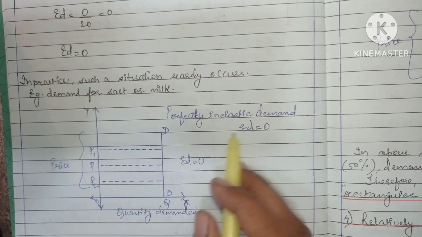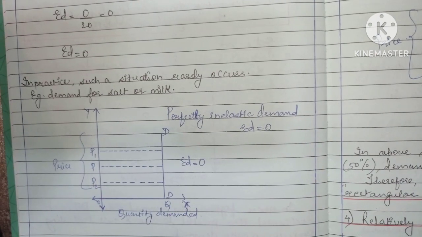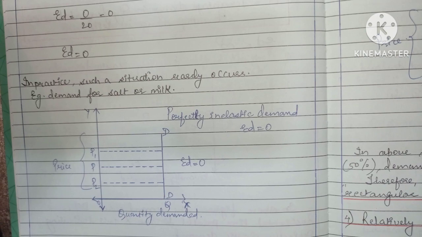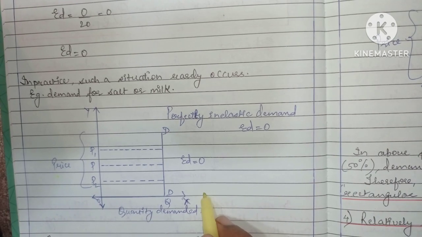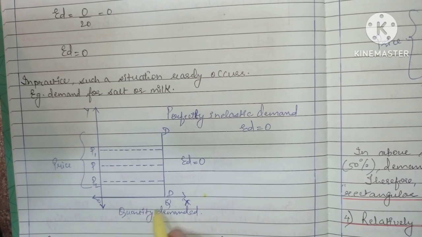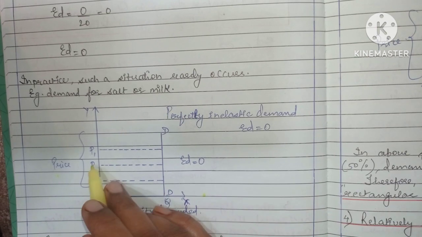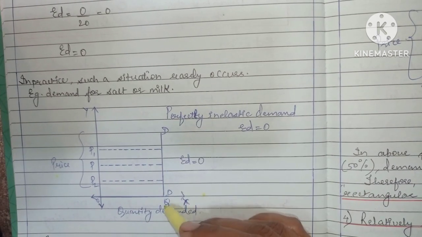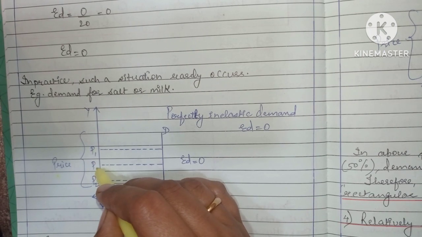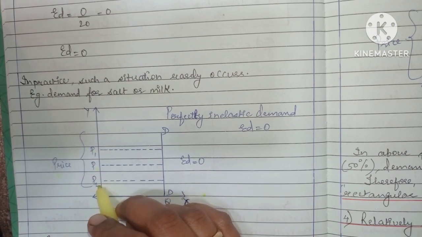Okay, this is the perfectly inelastic diagram I have drawn. So whenever you are giving the definition, you definitely have to write the formula and the diagram as well. So on the y-axis we have the price, on the x-axis we have the quantity demanded. Okay, and here I have drawn a straight vertical line. This is the demand curve. This is the original price P, and the new price P2.